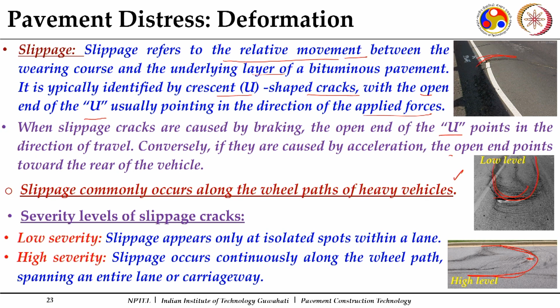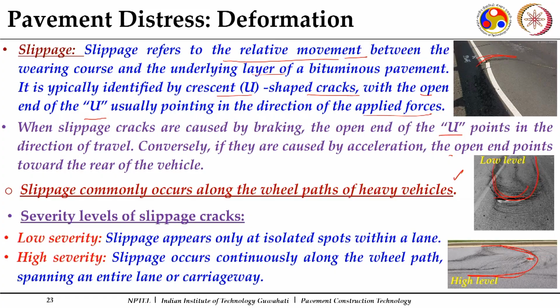So, it may be at bus stops, at intersections, and where slow moving traffic is there. When it stops at the intersections and accelerates at the intersections, these are some of the locations where it can happen. It is mentioned that this specifically happens with heavy vehicles, so it may be trucks or buses. At bus stops and at intersections, we can observe this kind of slippage crack.